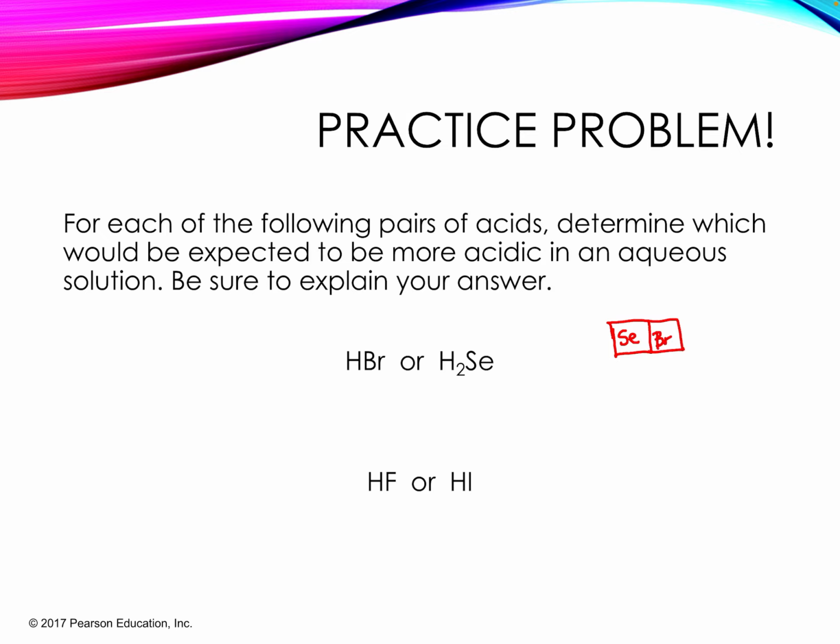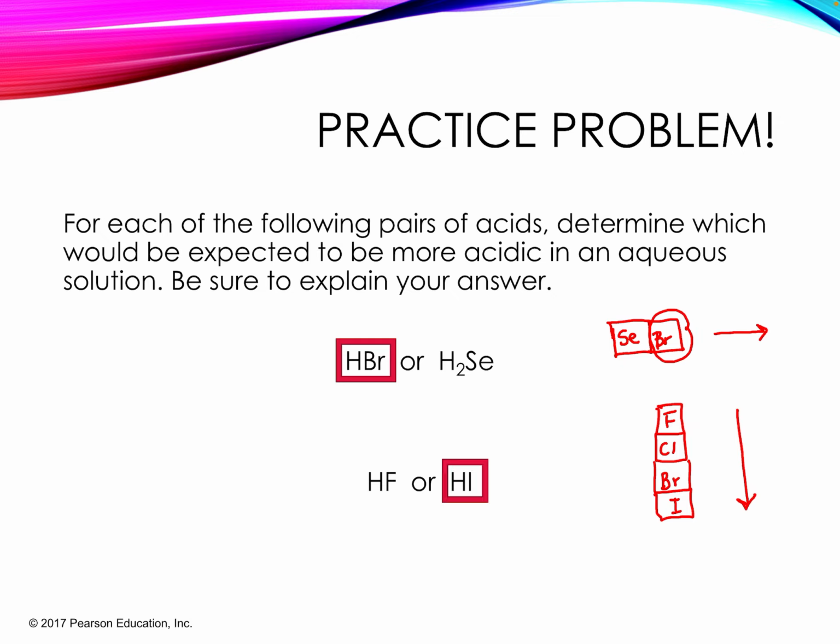So since iodine is so much larger than fluorine, that's going to cause a very weak bond between the hydrogen and the iodine. That makes it easier for the hydrogen to ionize in solution, which makes it a stronger acid. Okay, so these are the two trends that I want you to know. From left to right, this is due to electronegativity. And from up and down, it's due to atomic radius, which again causes the bond to weaken. As you get a larger atom, that will cause a weaker bond.